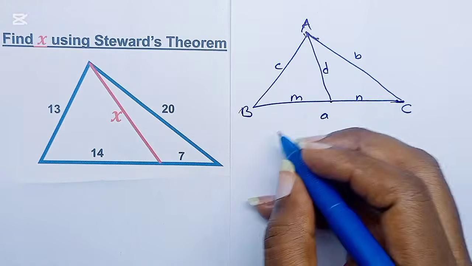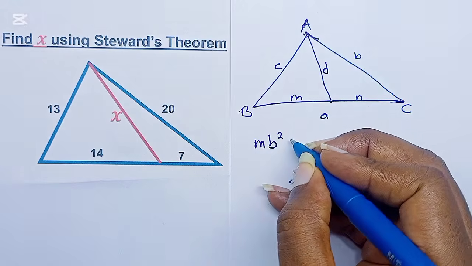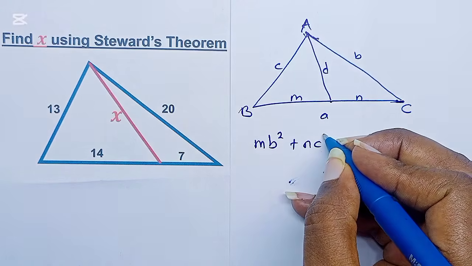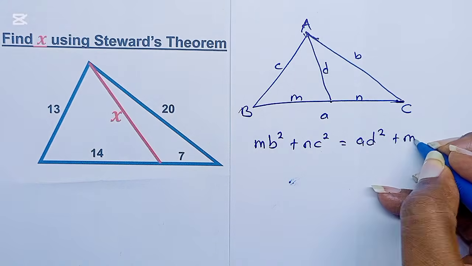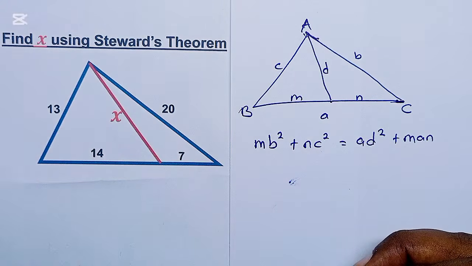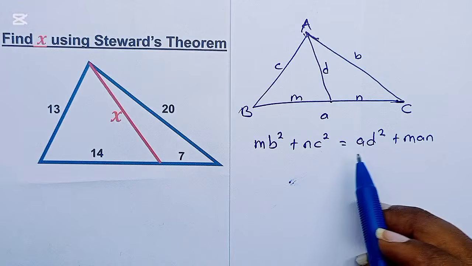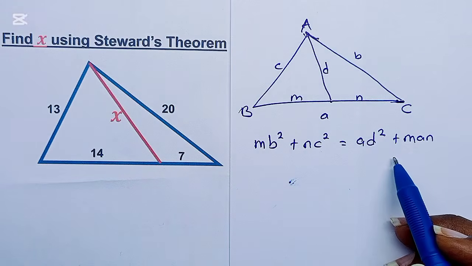Then MB squared plus NC squared is equal to AD squared plus MAN. So this is Stewart's formula.